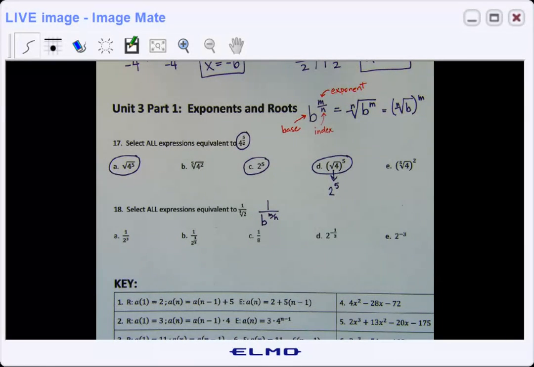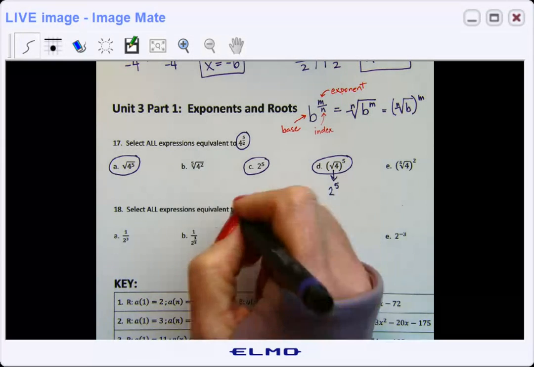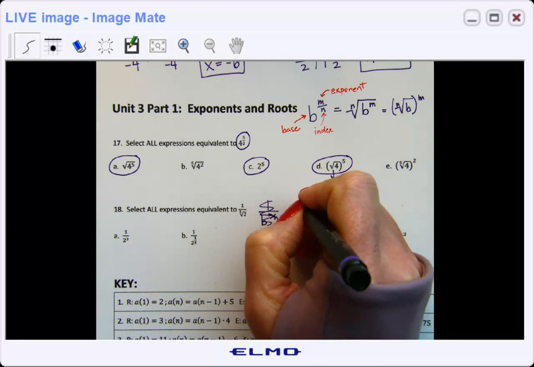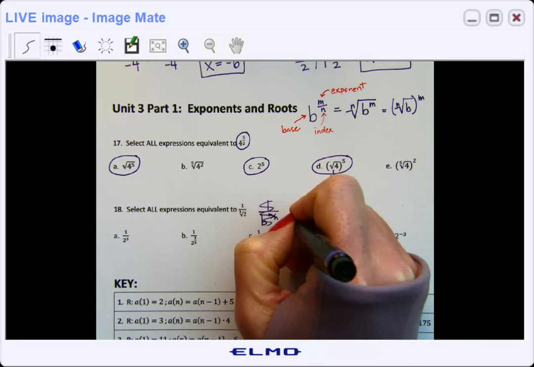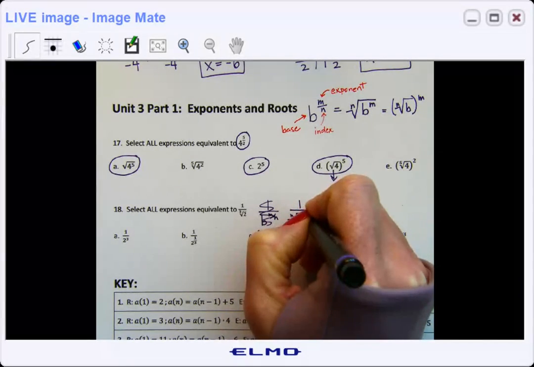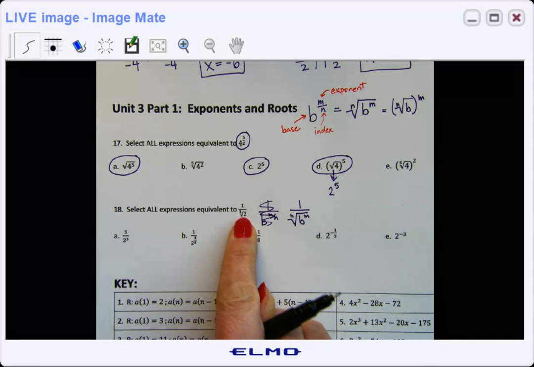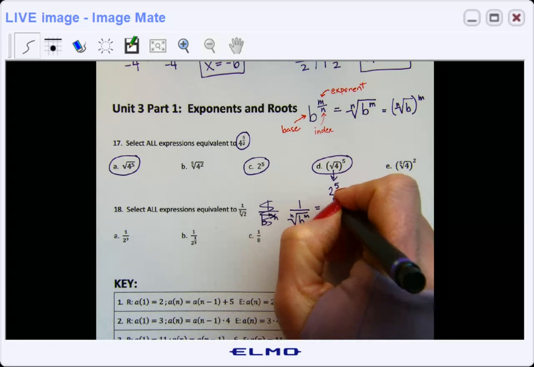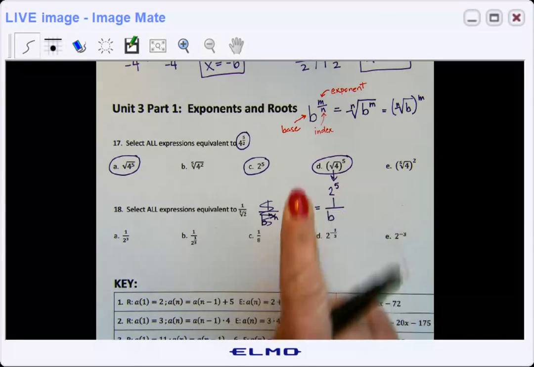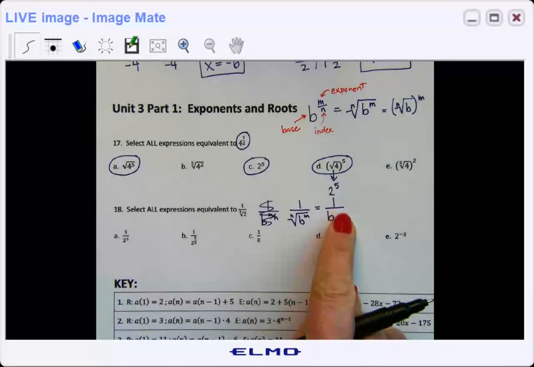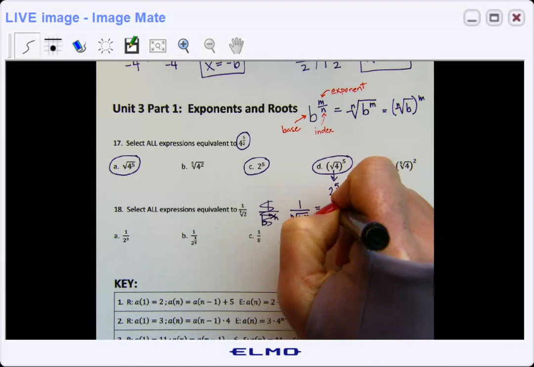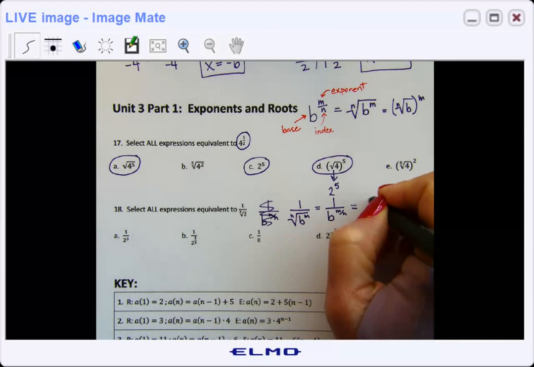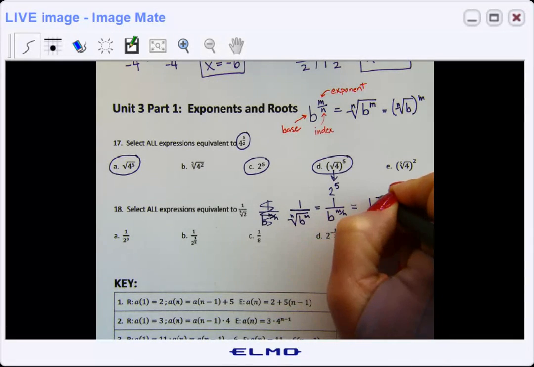So I'll say 1 over the nth root of b to the m, just so I'm keeping it in the same form of how this problem is starting. All right, so I can first keep this as a fraction and write the root part as b to the m over n. And then if I want to just bring this up, all I do is make the exponent negative.